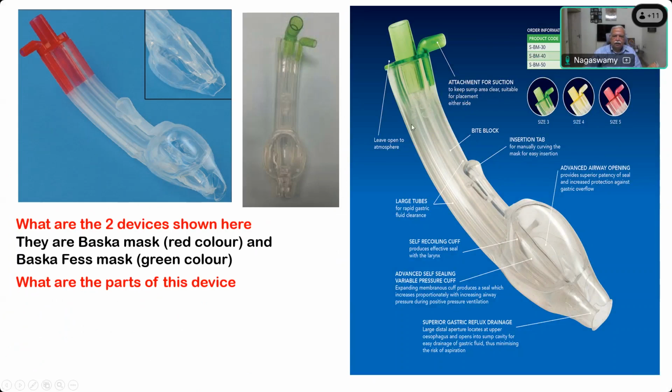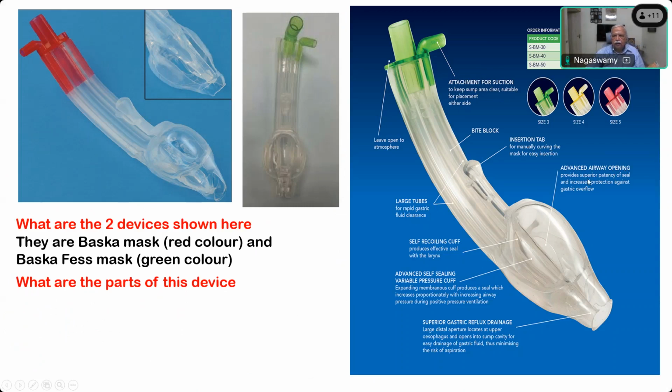This is the channel for air entry so that the suction does not cause a collapse of the pharynx or stomach. And this is the bite block. This is the insertion tab for manually curving the mask for easy insertion. You can just pull it and make the tip bend in case you find it difficult to insert.